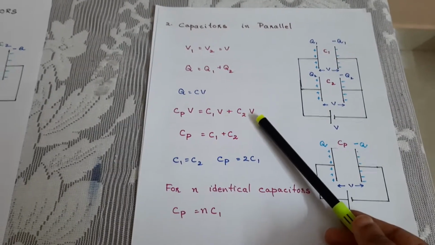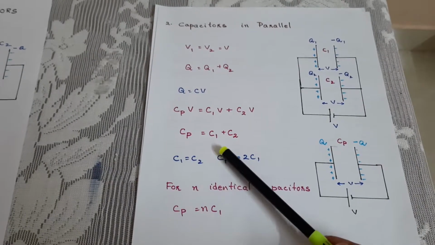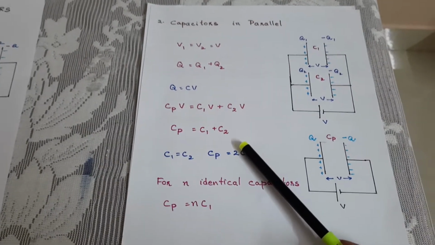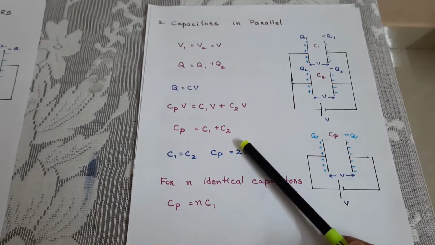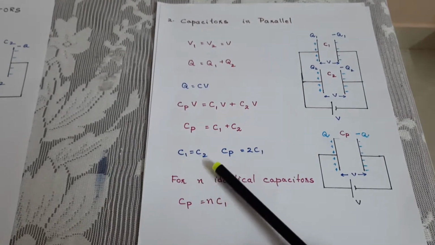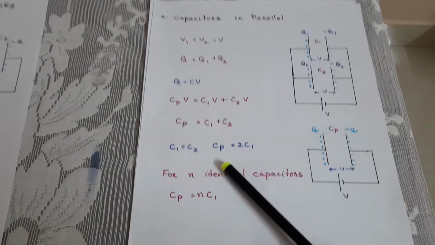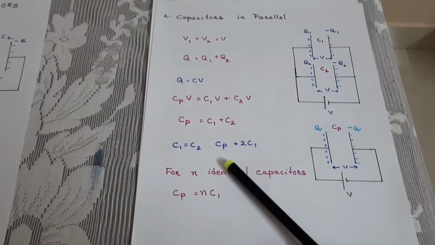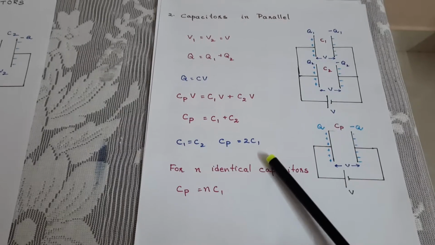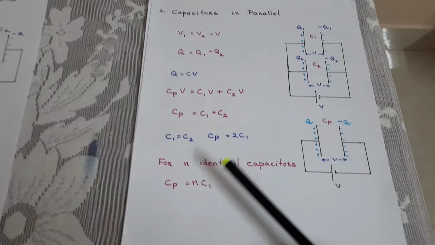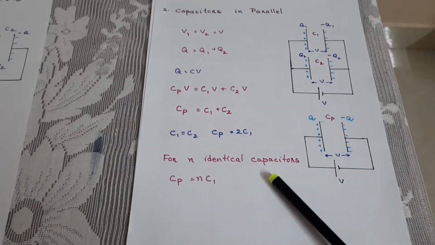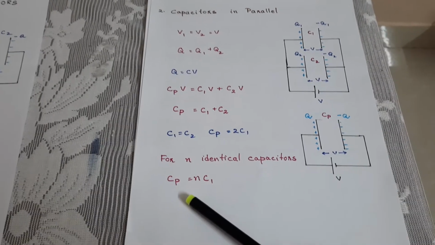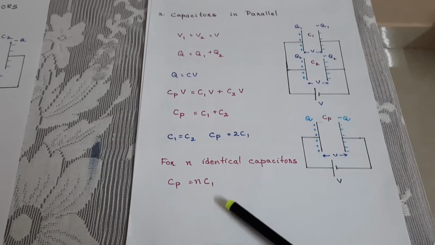On cancelling V, Cp is equal to C1 plus C2. If both are identical capacitors, C1 equals C2, therefore equivalent capacitance Cp is equal to 2 times C1. For n identical capacitors in parallel, the equivalent capacitance will be n times C1.